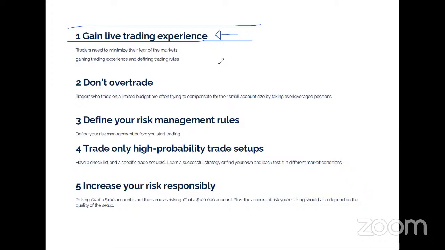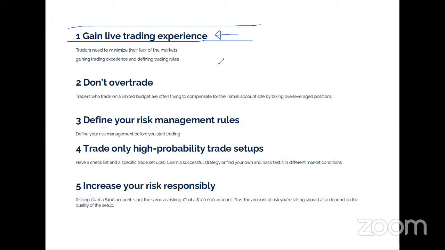The key aspect of trading a small account is that you haven't got much margin for error. If you get into your live account and you've funded your account and you start to chip away at that, the very nature of a small account means you've not got long to prove yourself as a trader.